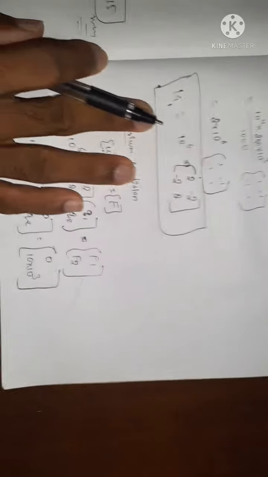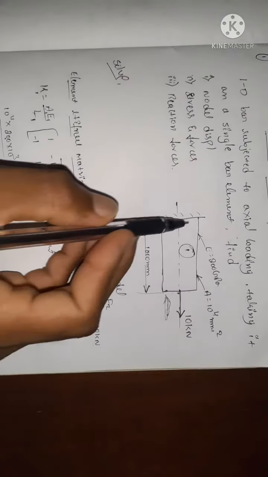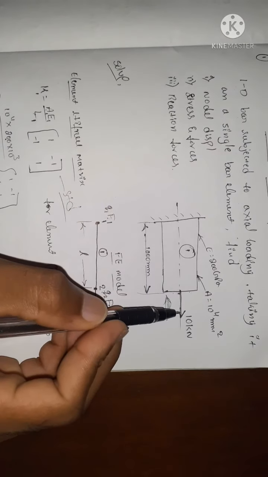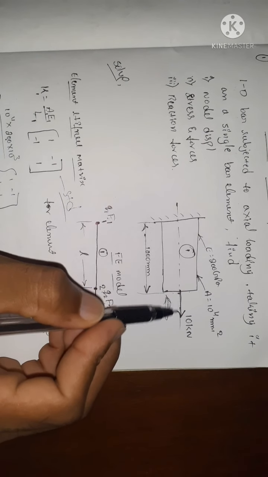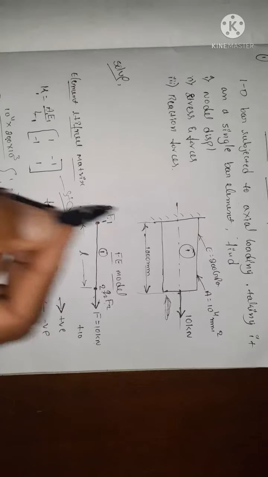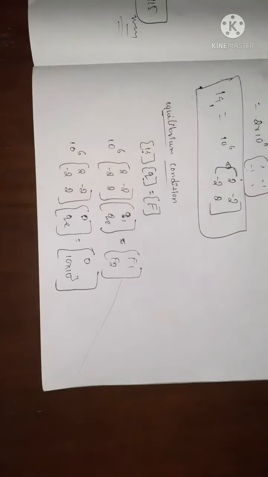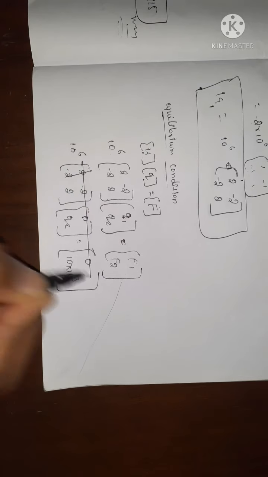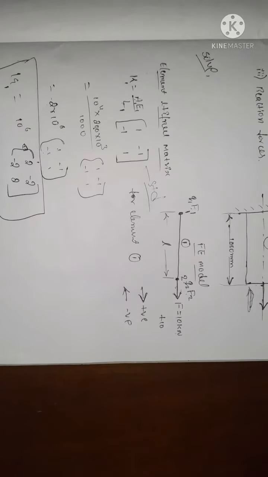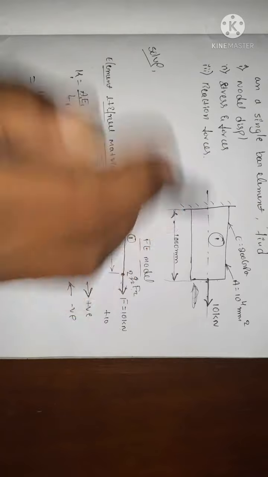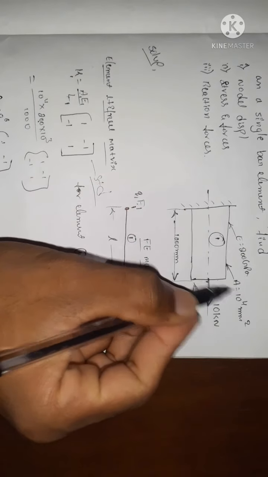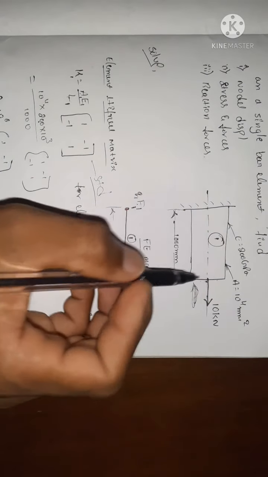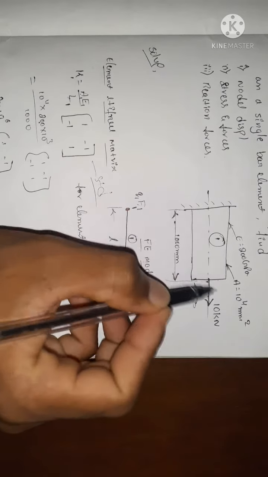In the bar element, one end is fixed, the other end is free, and a load is applied. In this equation, you have to delete the first row and first column, because this side of the bar element is fixed.